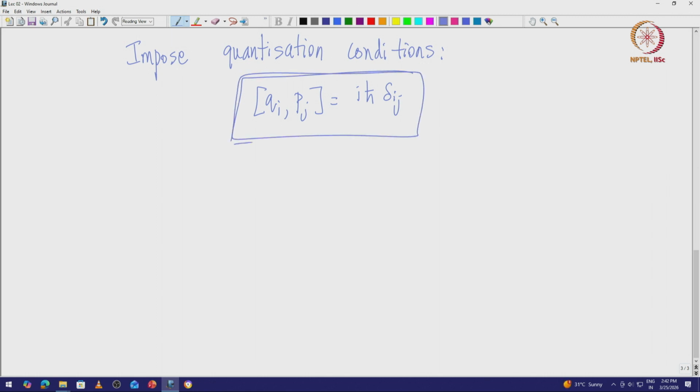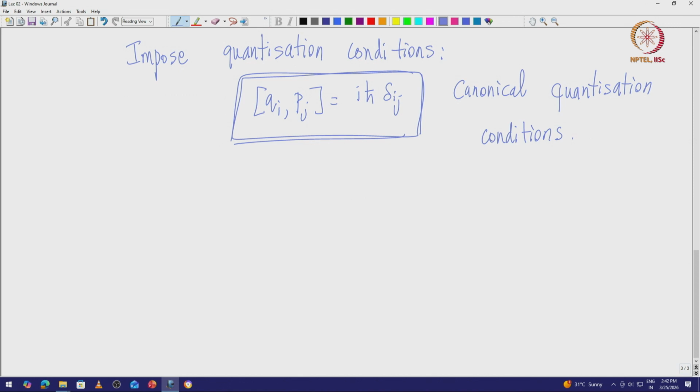These are your canonical quantization conditions. This is how one moves from classical mechanics to quantum mechanics. Now we want to do the same thing for field theory. That is the basic idea.